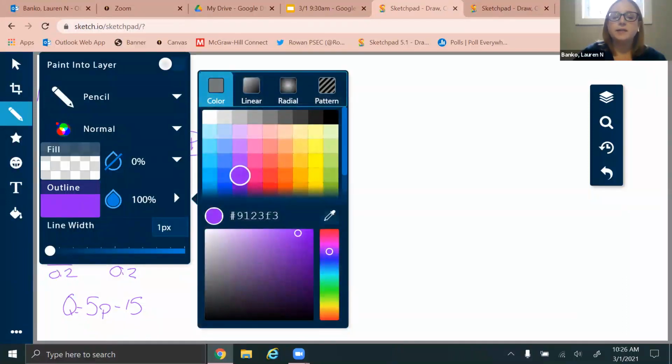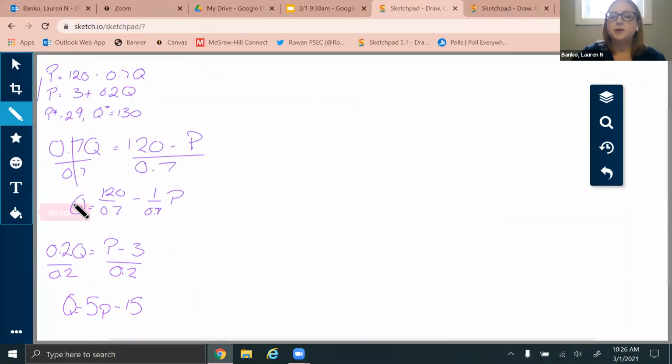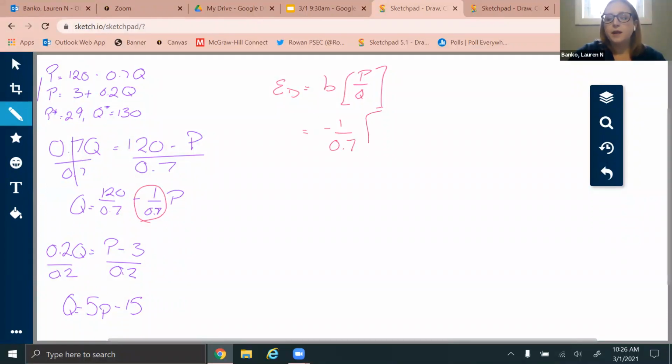Now, once they're in this form, we can actually solve for the elasticities. Remember, the elasticities are B times P over Q, where the B term is the coefficient on price. So for demand here, it's negative 1 over 0.7. And then I told you to use the equilibrium values.